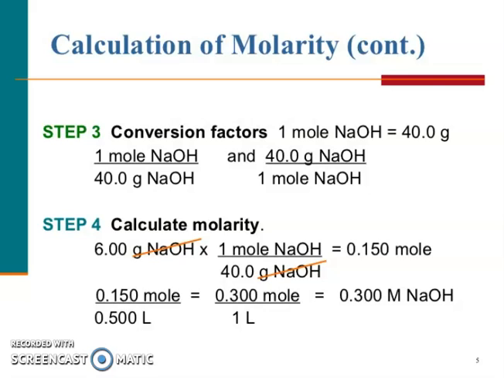So 0.150 moles divided by 0.500 liter is equal to 0.300 moles per 1 liter, which is 0.300 M sodium hydroxide.